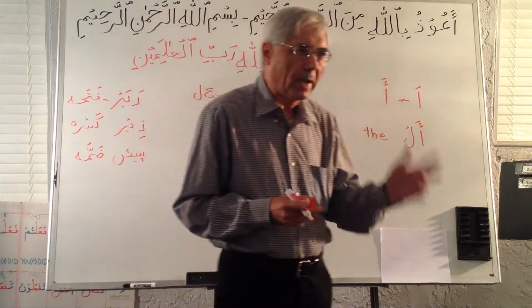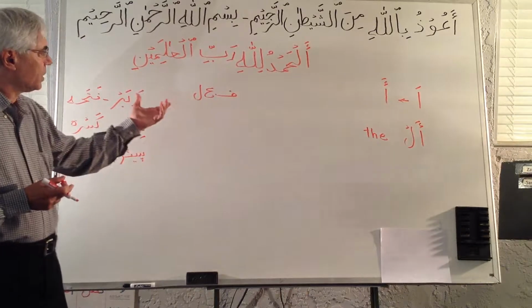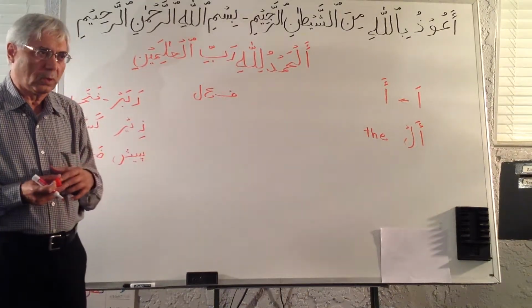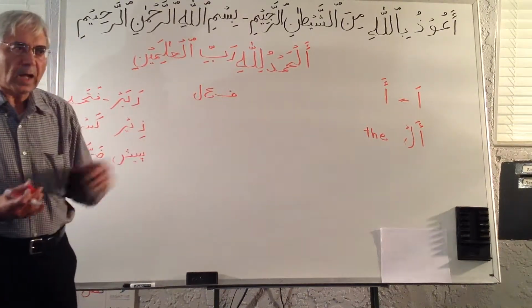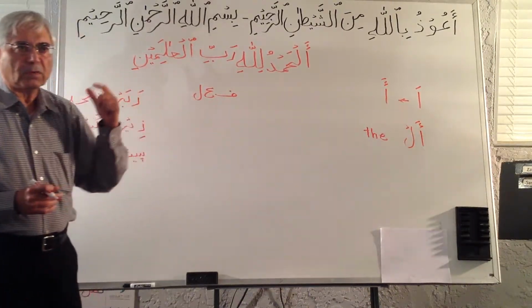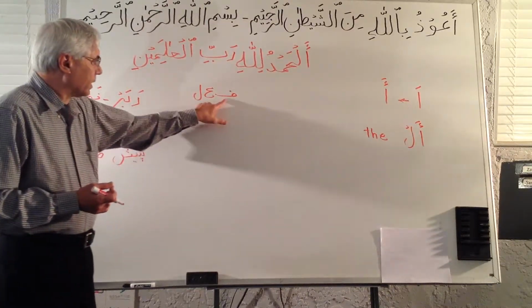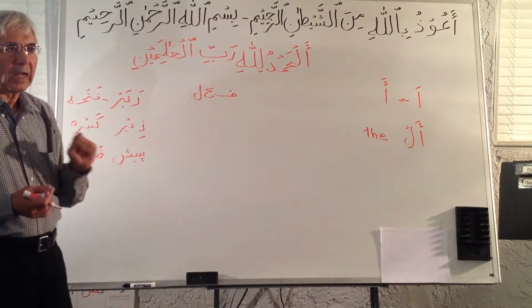So we'll be going back and forth with these three letters and use them as an example of learning the Arabic of the Quran. Okay? 99% of the Arabic words would start with three letters. Example three letters are fa, ain, and lam.